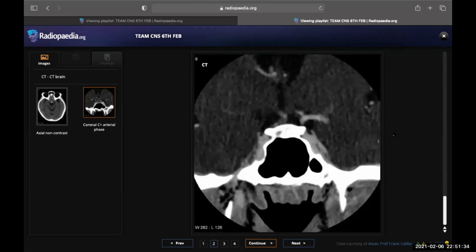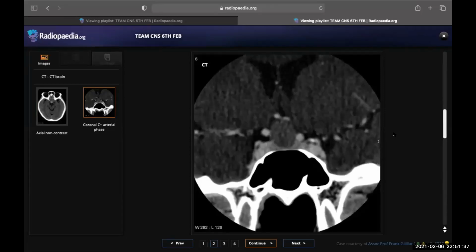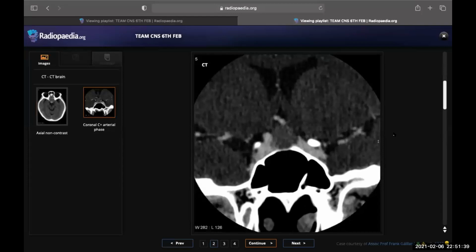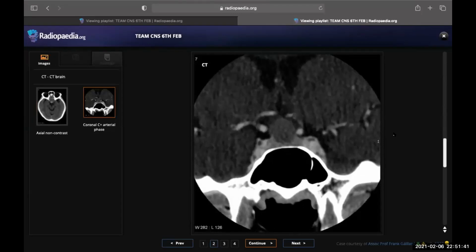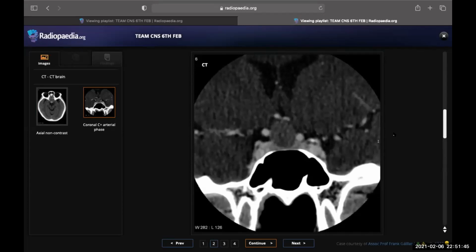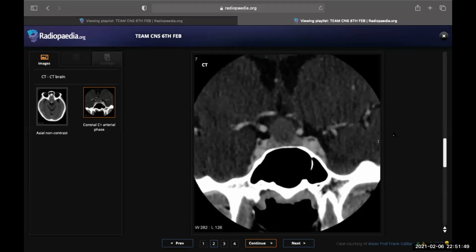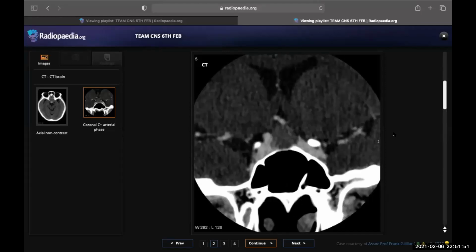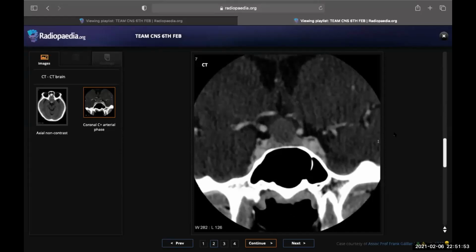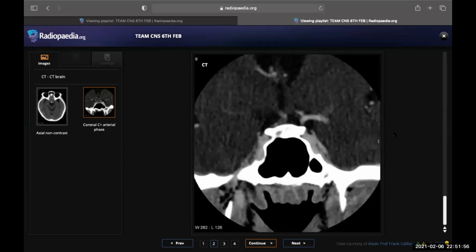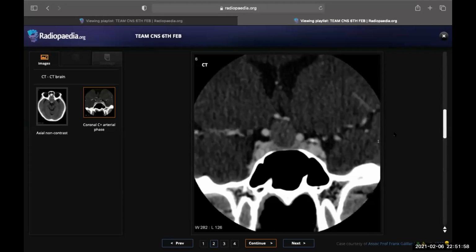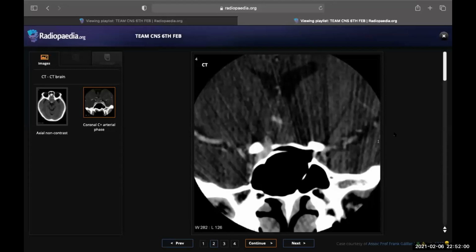Okay, I'm giving you the arterial phase. Can you rule out something on this arterial? I can rule out the aneurysm. Okay, so what are you thinking, and what are the differentials you are left with? So first, it's not a microadenoma, it could be a macroadenoma.